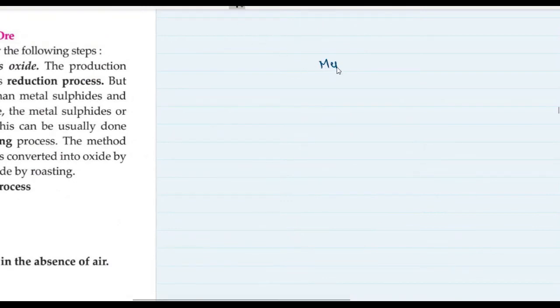So we have metallic sulfides and carbonates. These metallic sulfides and carbonates collectively, by different processes of course, are to be converted into metallic oxides.